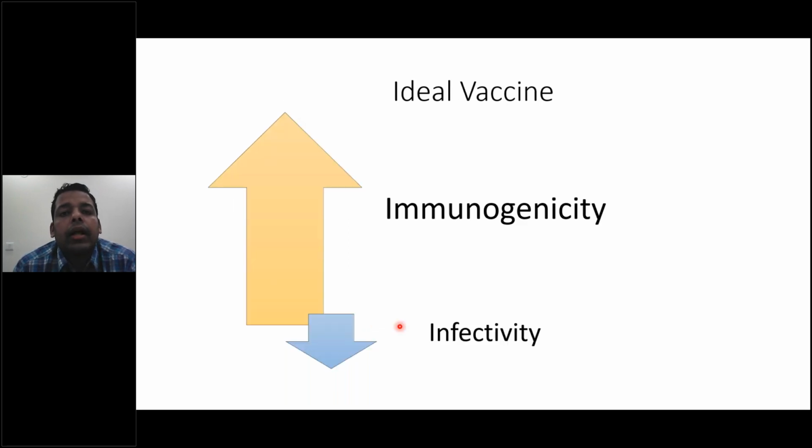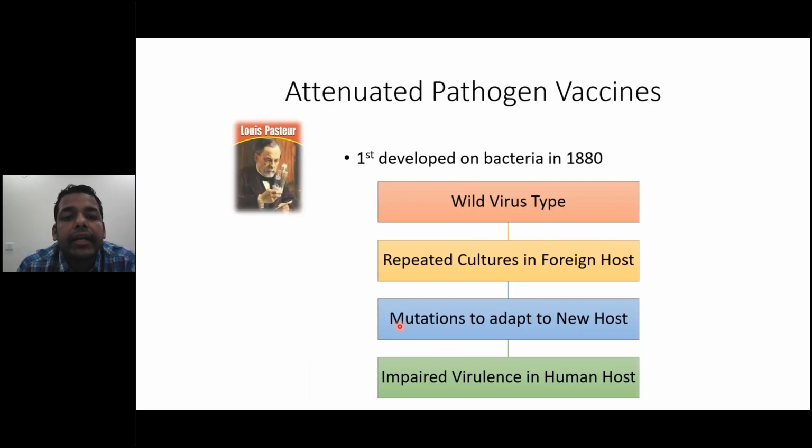This has been done multiple times in history. In 1880, it was done first by a method that is attenuated pathogens. We attenuate the pathogens to form vaccines.